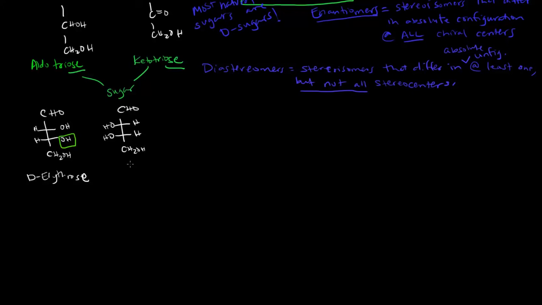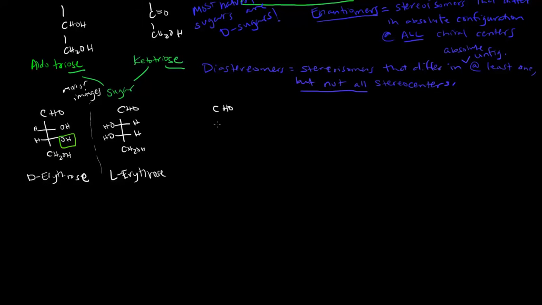This here is L-erythrose, because all of the stereocenters, these two here, are exactly the opposite, and so they're actually mirror images of each other, right? So they are enantiomers.